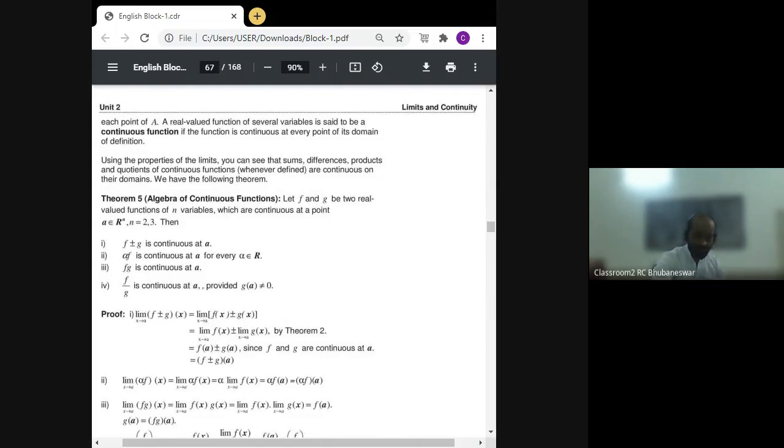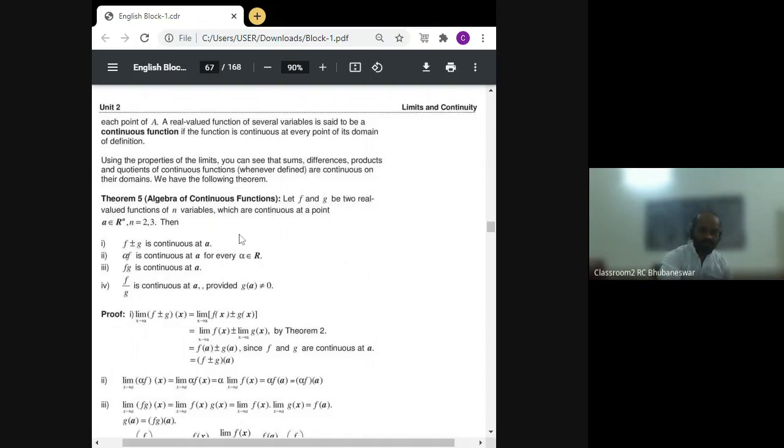So that is theorem number 5, which gives us the idea about the algebra of continuous functions. Here the statement is: let f and g be two real valued functions of n variables, where n must be restricted to 2 or 3, which are continuous at a point.